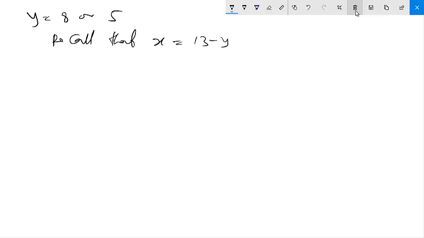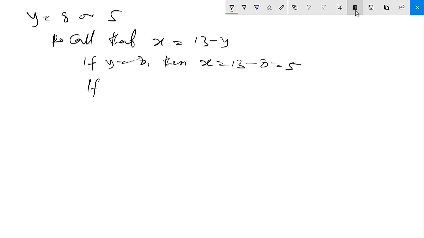So if x is 13 minus y, we need to find the two values of x also. So we put 8 first. If y is 8, then x is 13 minus 8. That will give us 5.